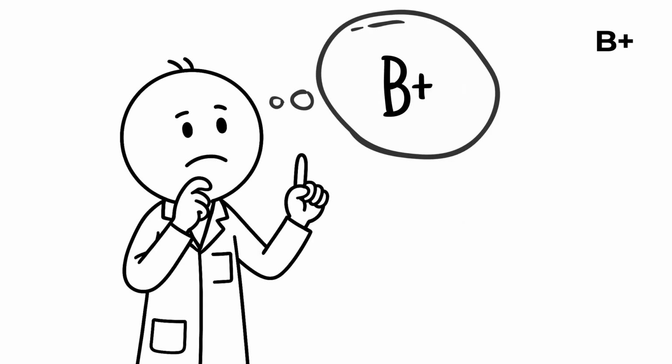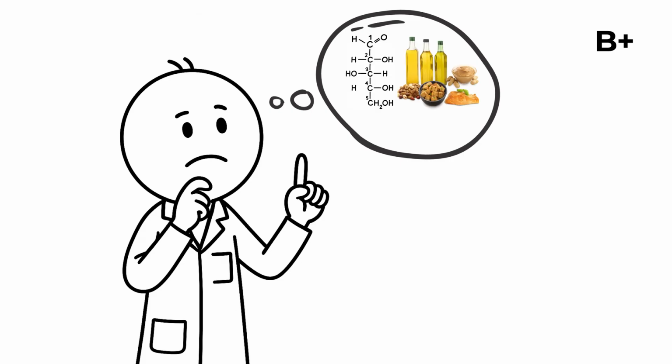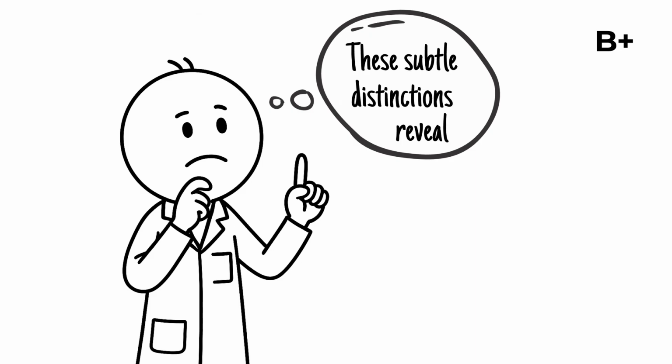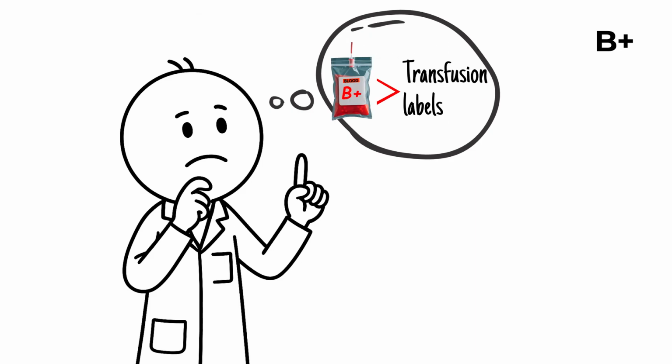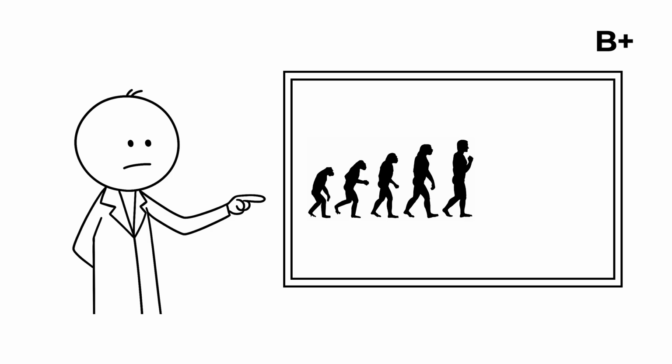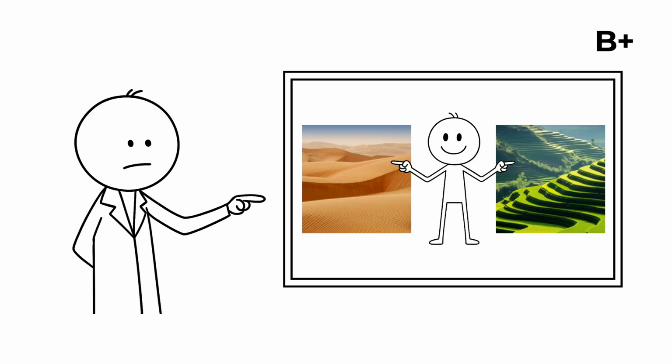Additionally, type B has been noted in metabolic studies, with some evidence of differences in how people with this blood type metabolize carbohydrates and fats. These subtle distinctions reveal that blood types are more than transfusion labels. They are evolutionary fingerprints reflecting how humans adapted to different environments over thousands of years.